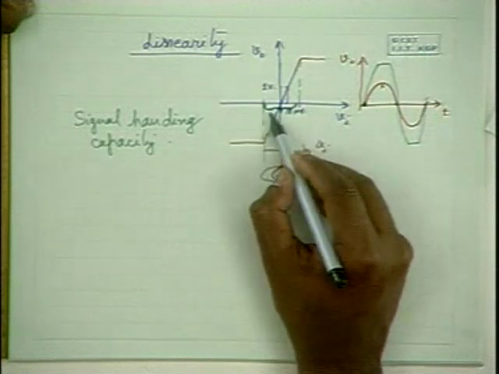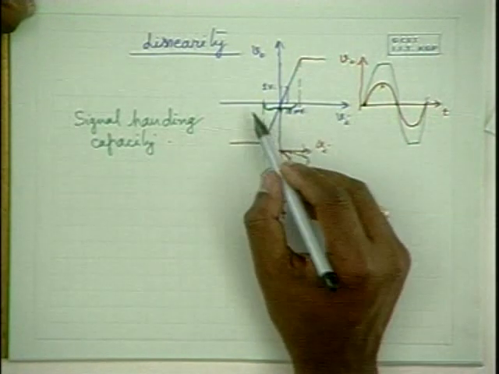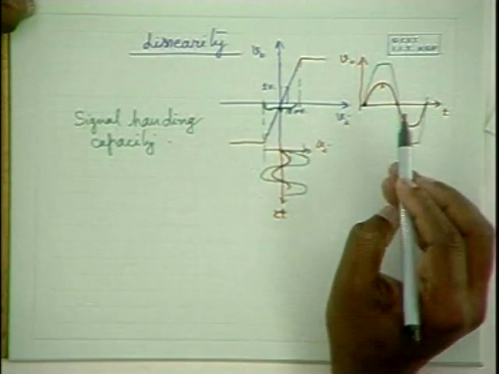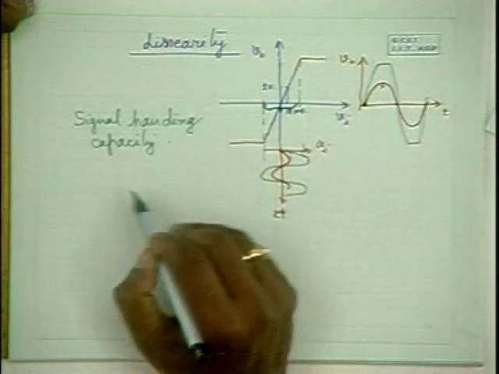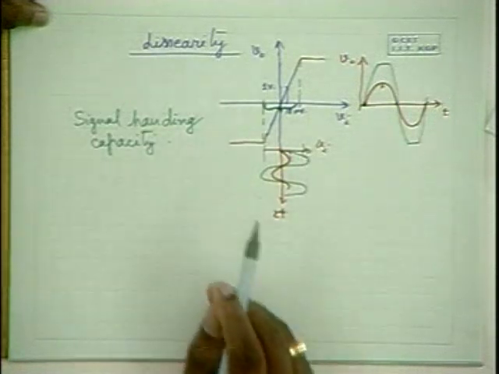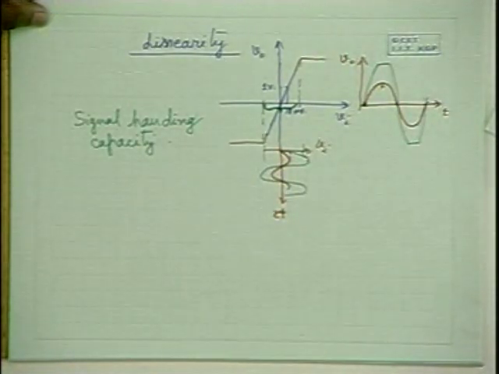This voltage range of the input for which output is almost a replica of the input is known as the signal handling capacity. So naturally, on what does the signal handling capacity depend? On the supply you use, on the Q point you select.